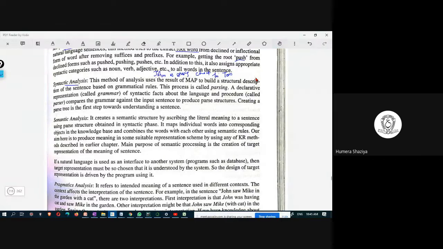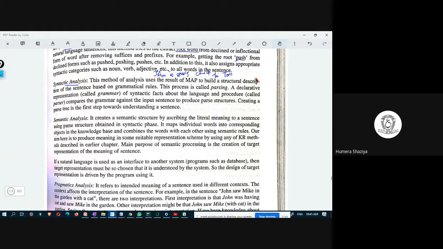What is it? And then giving means what? It is not the meaning exactly. It is grammar. Knowing the grammar structure of the sentence, not the meaning. First, if we know the structure, only then we can know the meaning. We can derive the meaning from it.